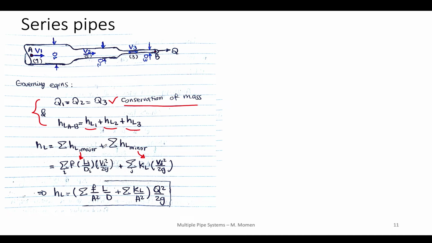Okay, so this is the loss in the system, and we can combine these two together because we know that Q, the flow rate, is going to be the same in all these pipes, so instead of Vi, I can write, as you remember, V equals Q over A, right?